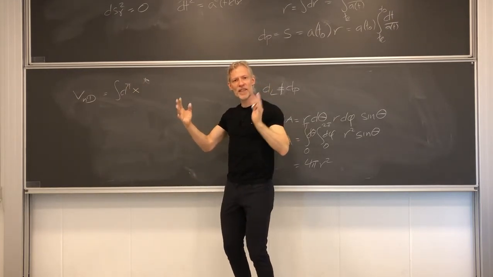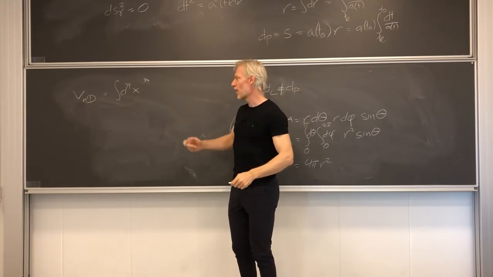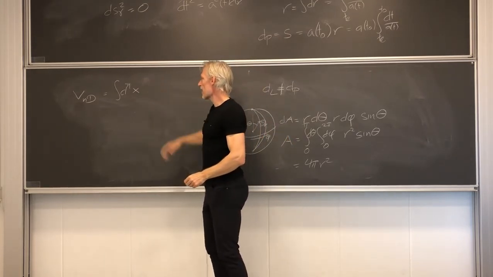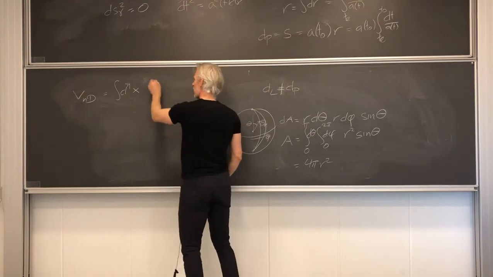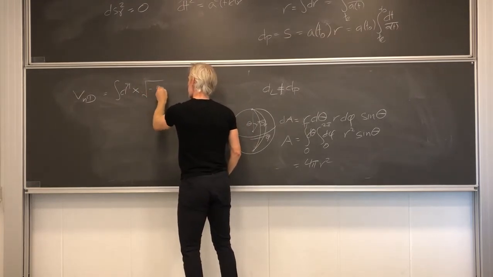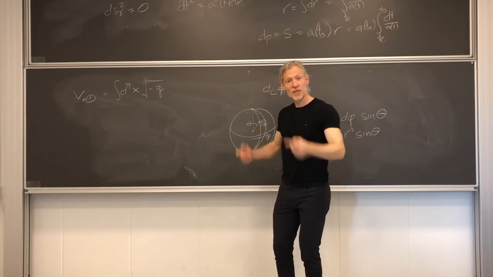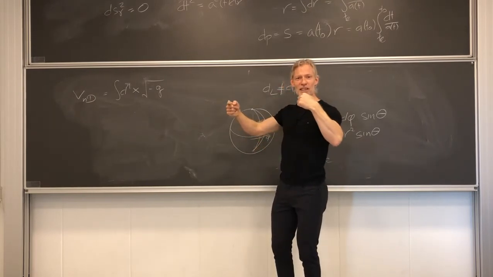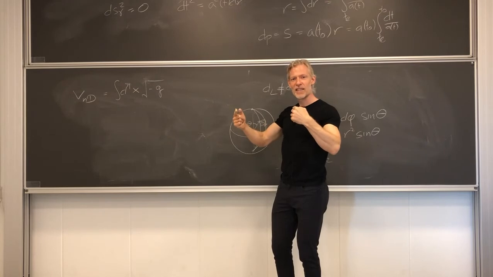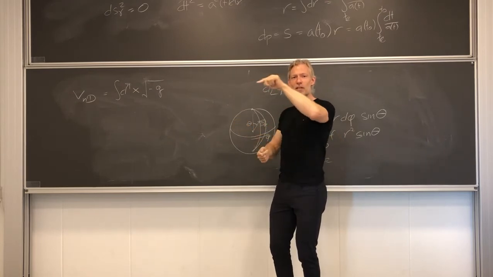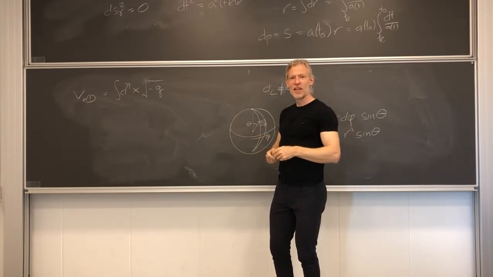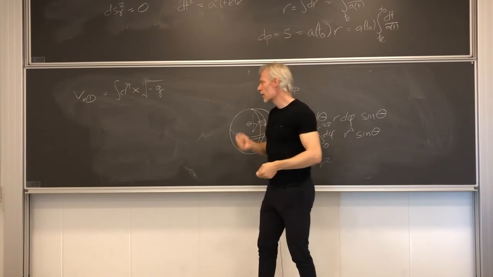But of course, I want a physical volume, not a coordinate volume. So I need to multiply with something that has to do with the metric. And what I need to multiply with is minus the determinant of the metric tensor, which in our particular case, when we look at the diagonal metric, is nice and simple because it's just multiplying all the diagonal terms of the Friedmann-Robertson-Walker metric.